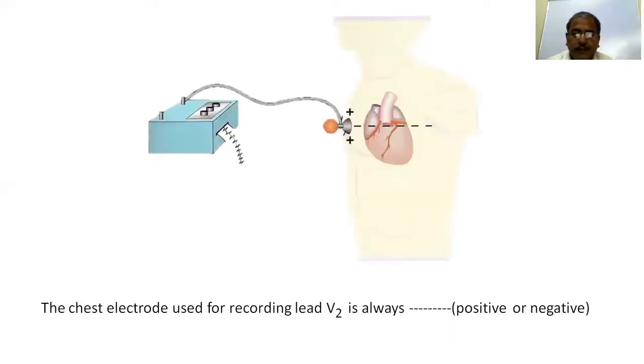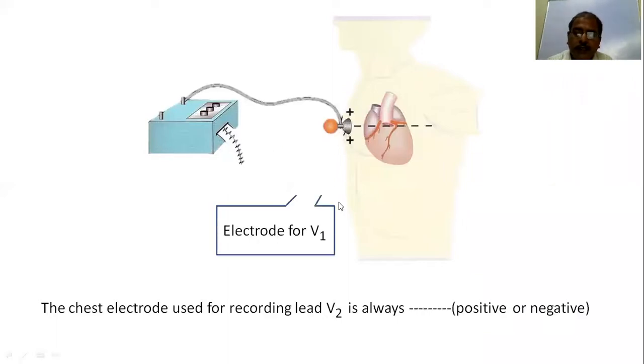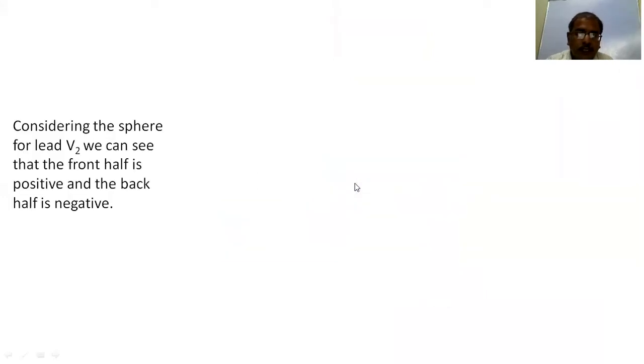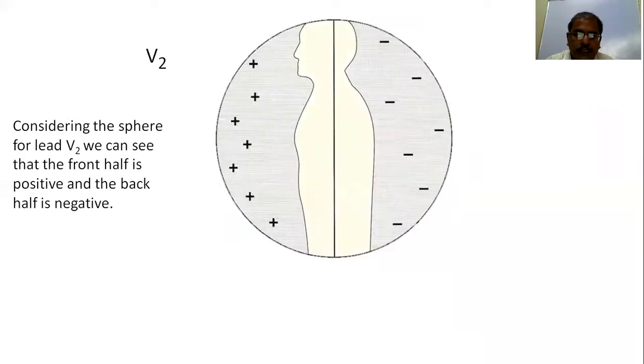Let us see. Now this is lead V1, which is attached at the chest. Now to look at V2, let us again consider the sphere. Considering the sphere for lead V2, we can see that the front half is positive and the back half is negative.